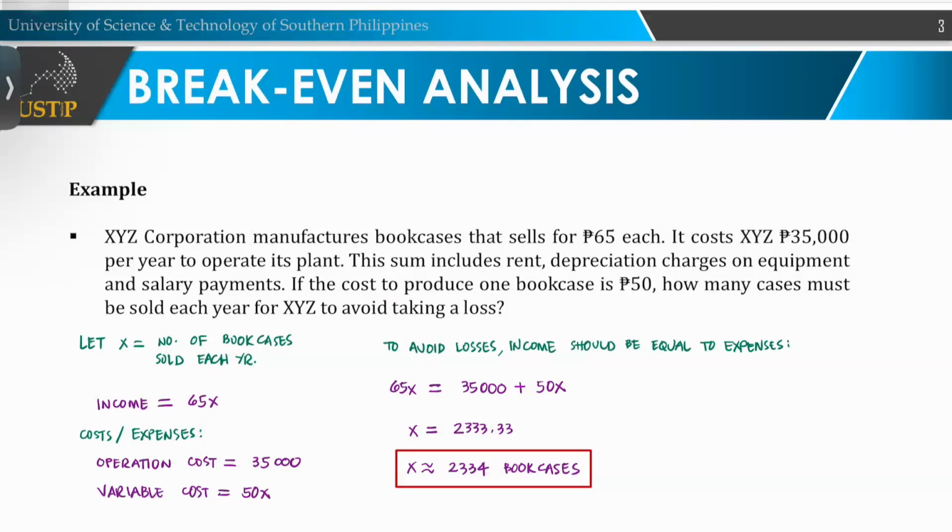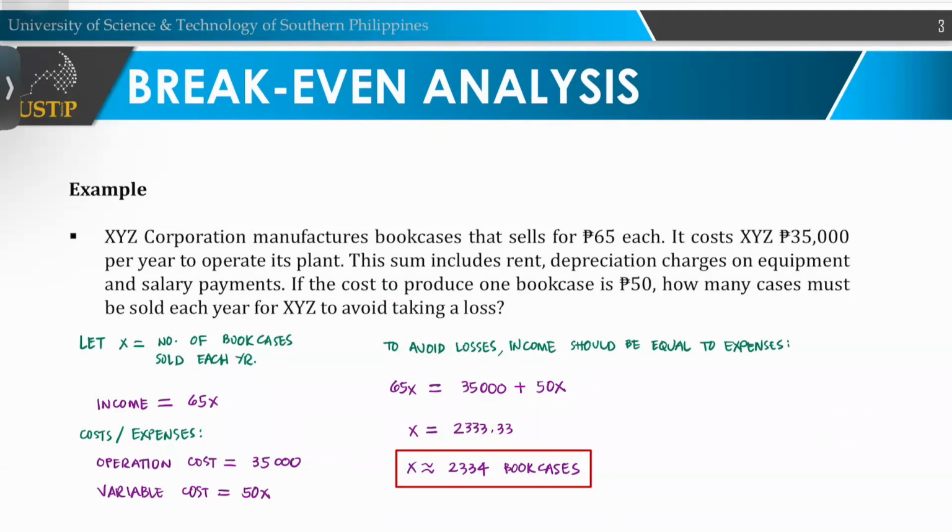Anything less than that value is a loss, right? Because we know from the break-even chart that if the number of units sold is less than your break-even point, you are at a loss. So how many units must it sell each year so that there is no loss?